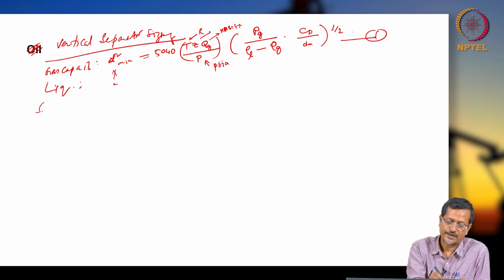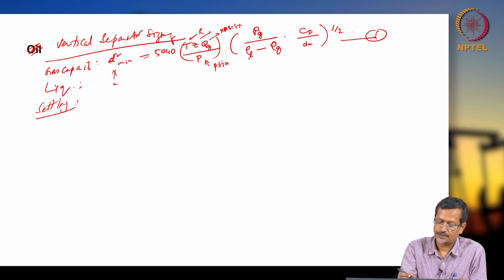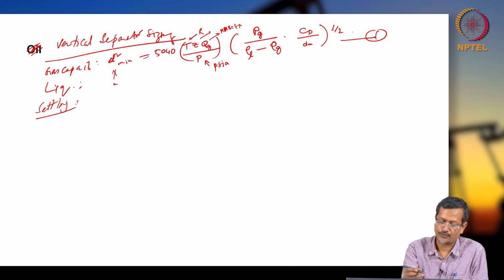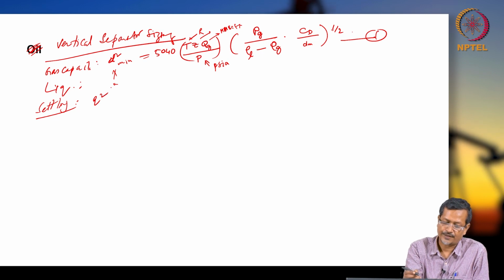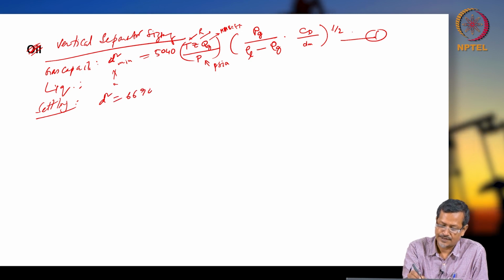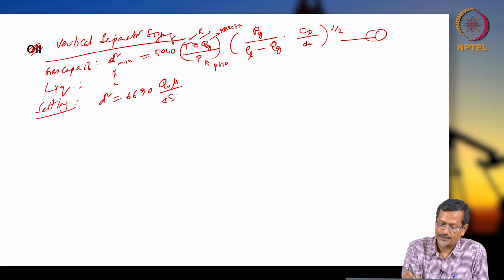Now we will go to settling. The requirement for settling a water droplet from oil requires the following equation: d square equals 6690 qo mu over del sg dm square.